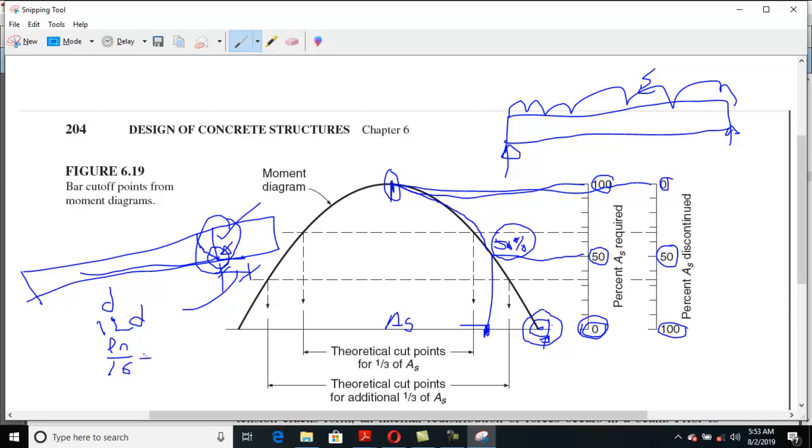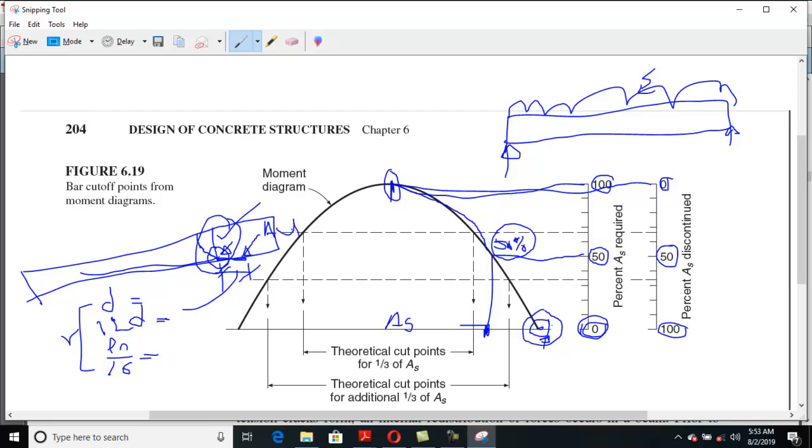You select the maximum of these values and add that distance to the theoretical cutoff point distance. So the theoretical cutoff point is extended, and this point is then called the actual cutoff point.